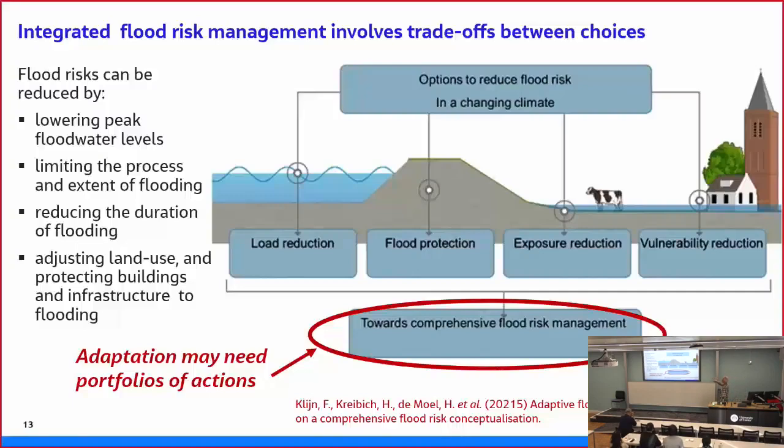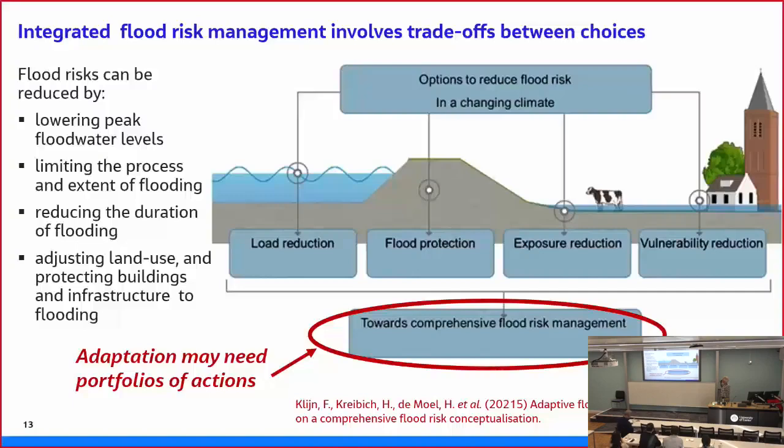So here in this graphic we can see we can either reduce the peak water level in the river, and that's called load reduction, or we can create a flood defence embankment, and that stops the water physically getting onto the land that you want to protect from flooding. That results in exposure reduction.